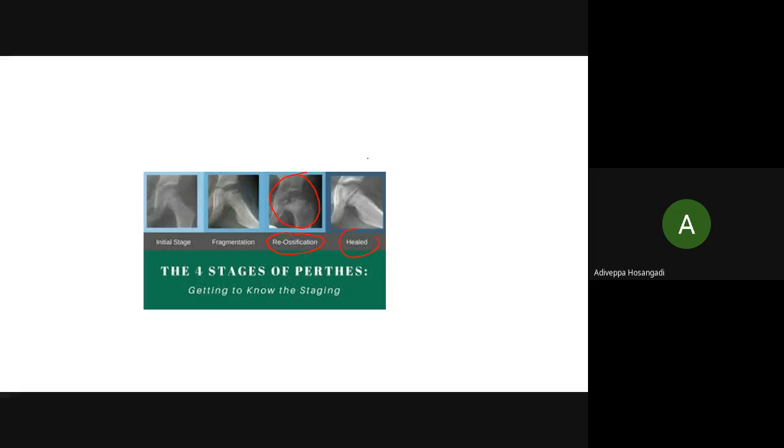Look at this. Compare this with picture A and picture D. It's almost normal, isn't it? You can achieve a normal hip if, only if, you contain this head in the acetabulum for 2 years.